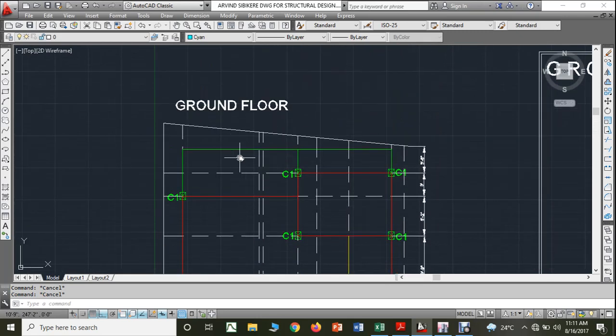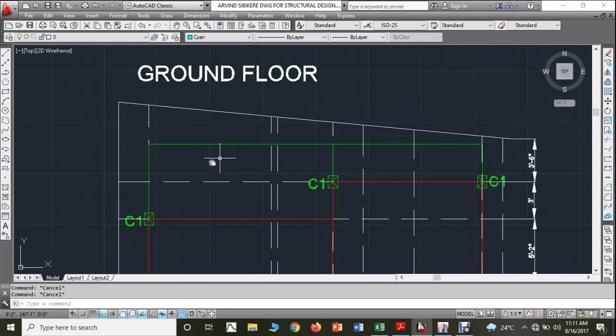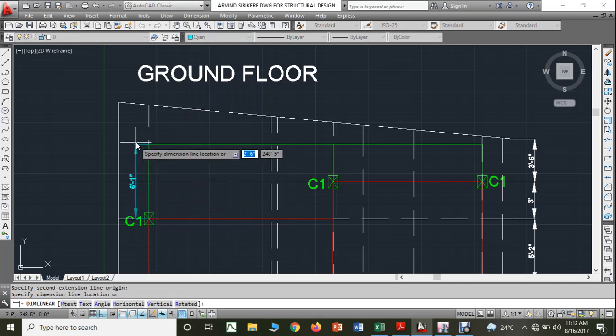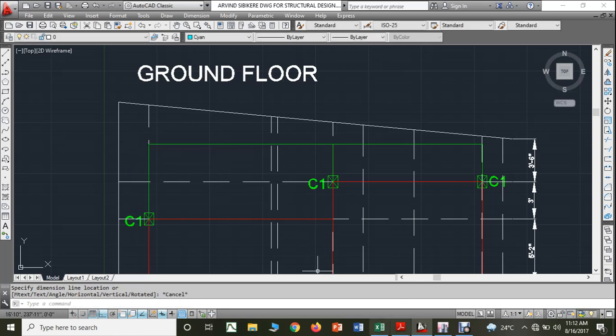So for that, what we have to do, now this is cantilever. What is my dimension? 6 feet 1 inch. Okay, 6 feet 1 inch. So how much am I getting? So this is 6 feet 1 inch.